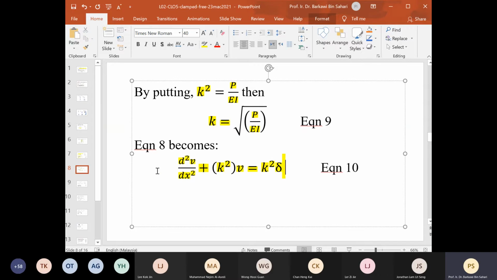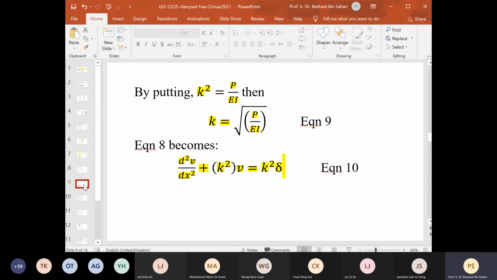So this is a complete differential equation of order 2, not a partial differential equation. The solution to this has two parts: one is the complementary function and the other is the particular integral.